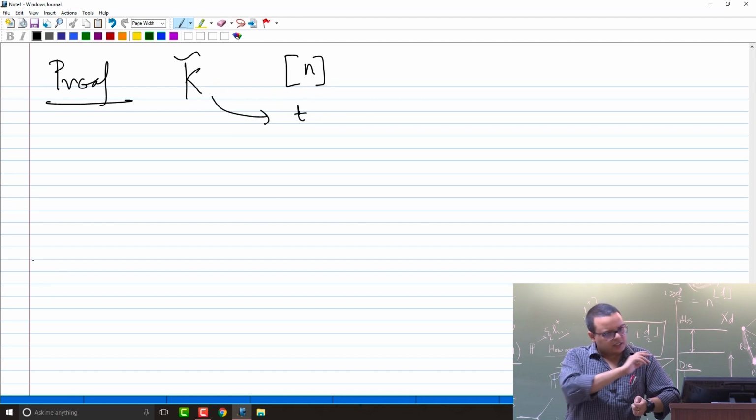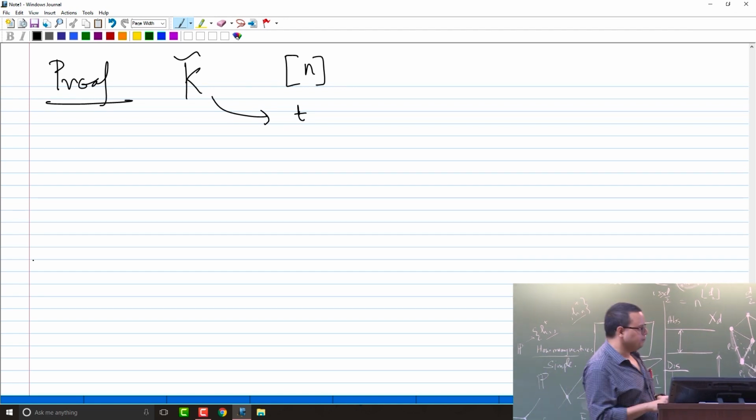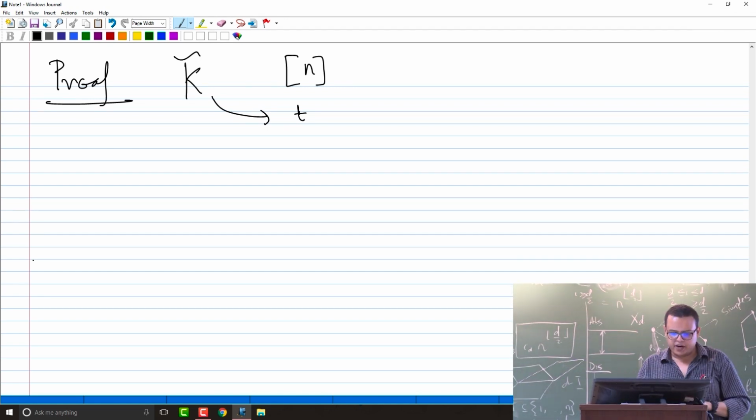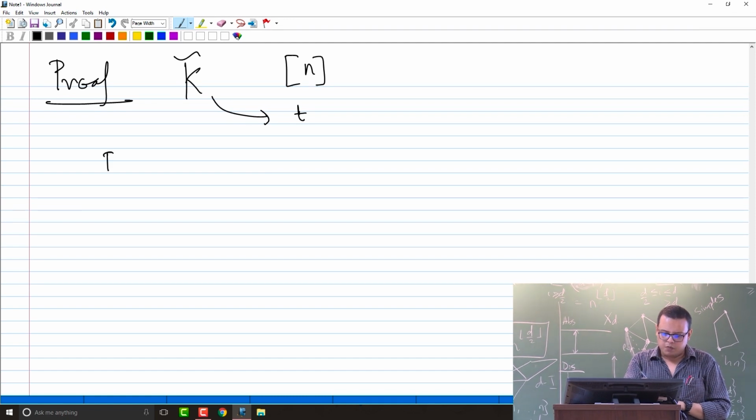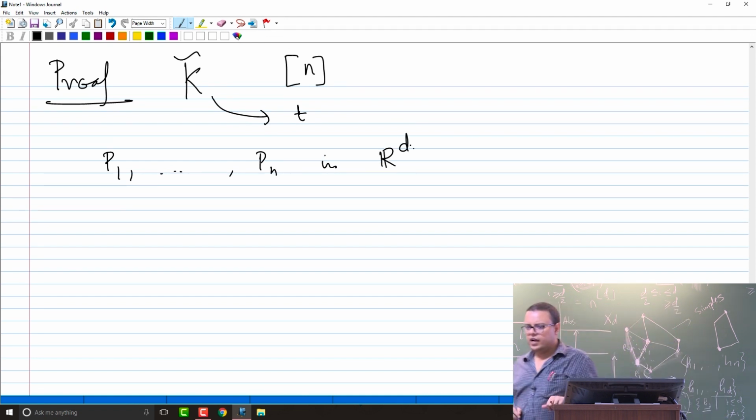So, let us try the harder thing first. What I do is, I generate n points in R^D such that any subset of D plus 1 points are affinely independent.